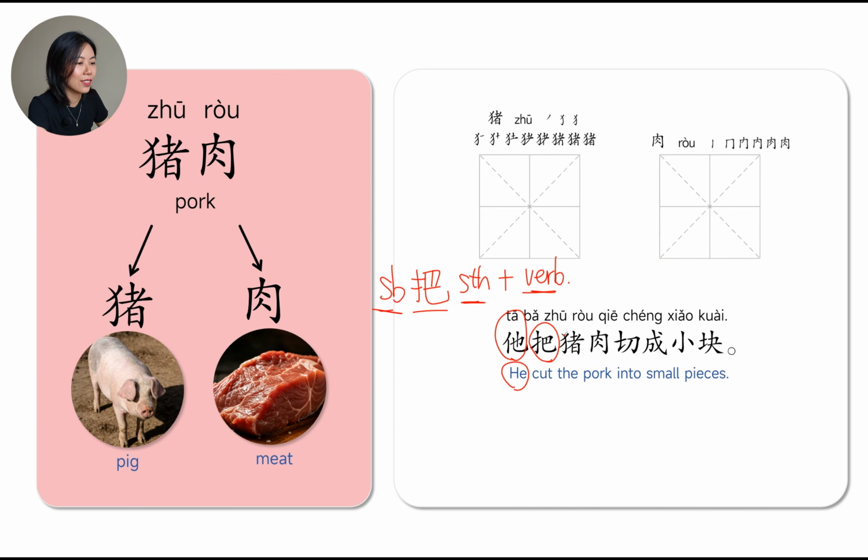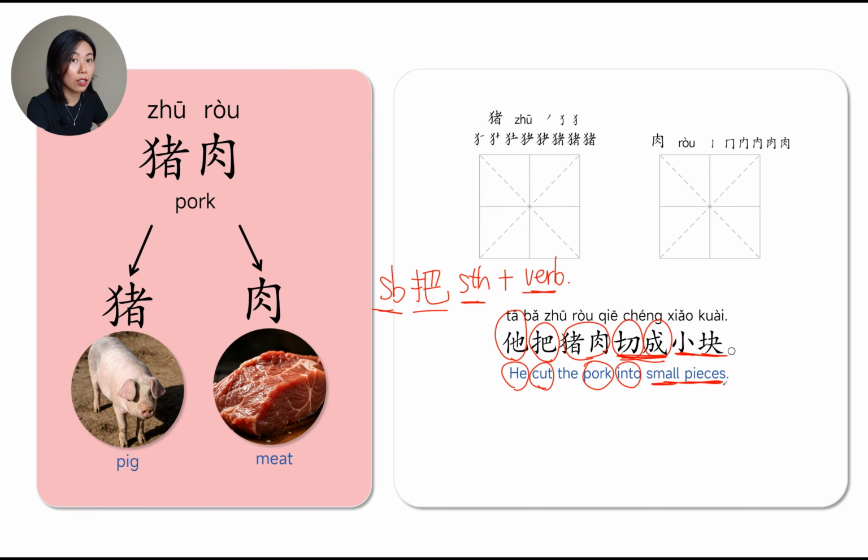Alright? So 他把猪肉 is pork. 切成: 切 is to cut, 成 is into, so cut into. 小 small, 块 pieces, 小块 small pieces.